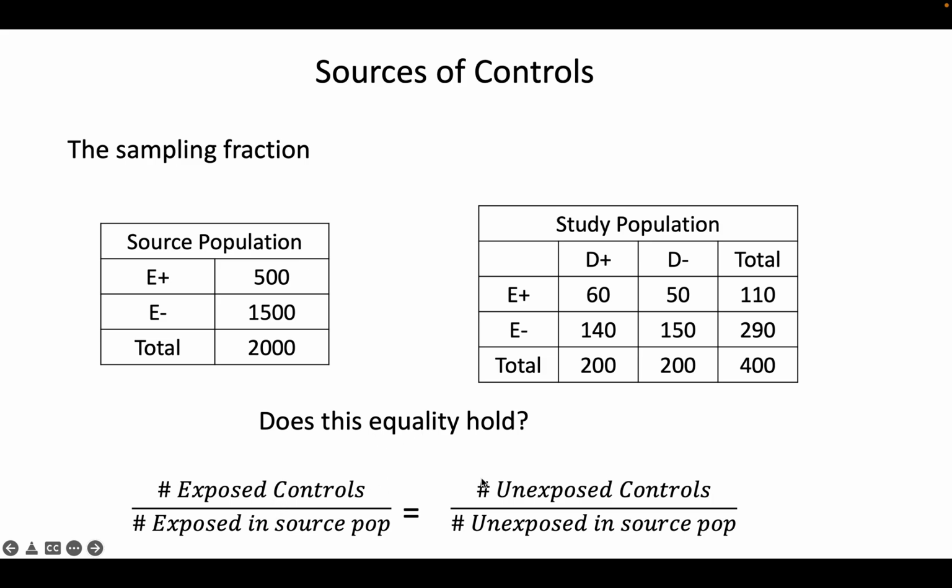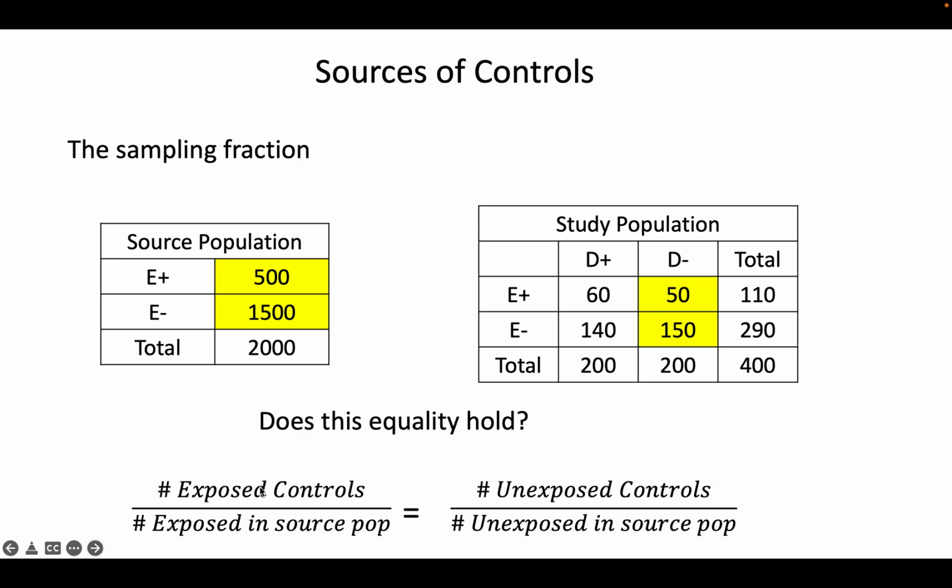So our sampling fraction, again, is number of exposed controls to exposed in the source population, and same with unexposed. If those are equal, then we've done our job, and the distribution of exposure is similar in our disease negative people. So we're using these two cells.